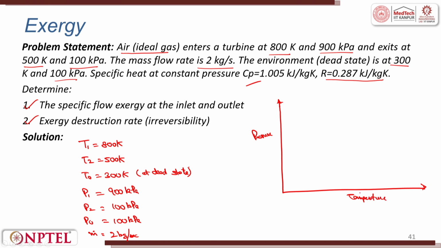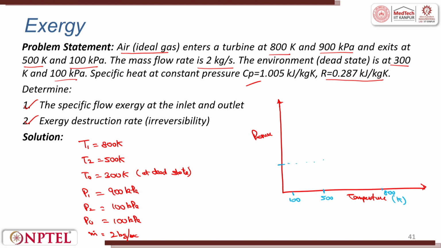At the pressure of 100 kilopascal and the temperature of 500 Kelvin, we will put here as 500. This is temperature in Kelvin, and we have 800 Kelvin somewhere. We have 300 Kelvin as well somewhere here.